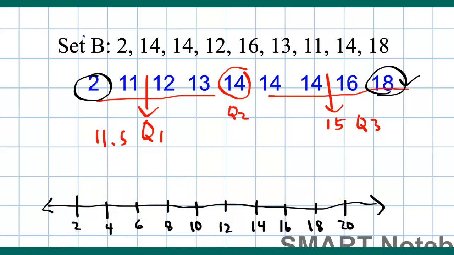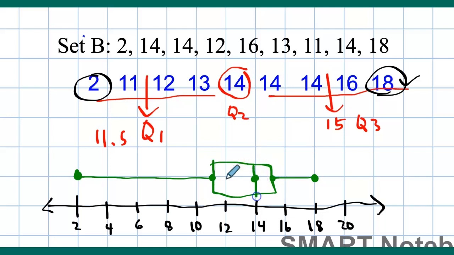So let's plot the points: 2, 11.5, 14, 15, and 18. In this case, we have plotted our 5 important points. Now we're going to connect this dot and this dot, because those are our whiskers. And 50% of the data is in the box between the quartiles.